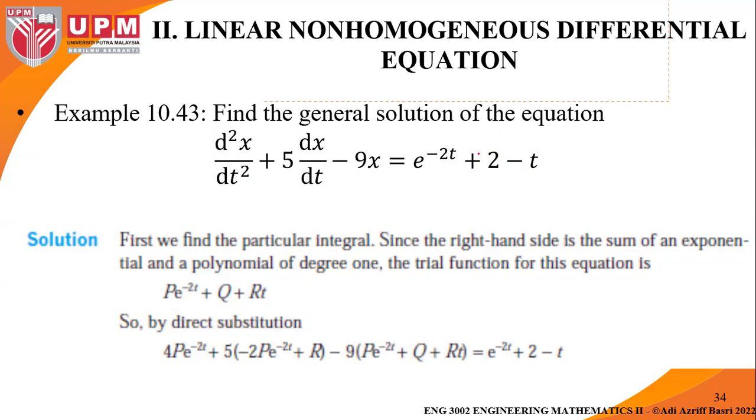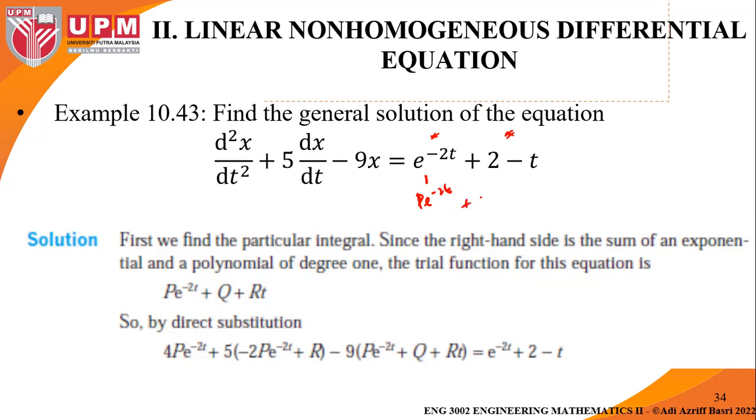In this case, we need to find the particular integral, since the right hand side is a sum of exponential and polynomial of degree one. So we need to classify based on each one. For example, this one we can change to p exponent negative 2t, based on the table.